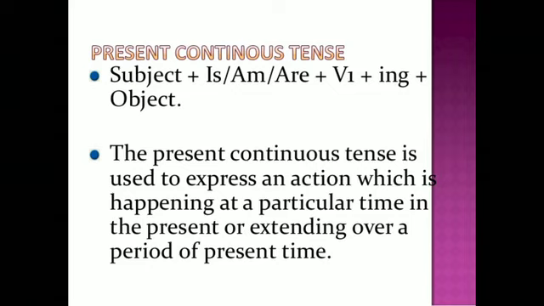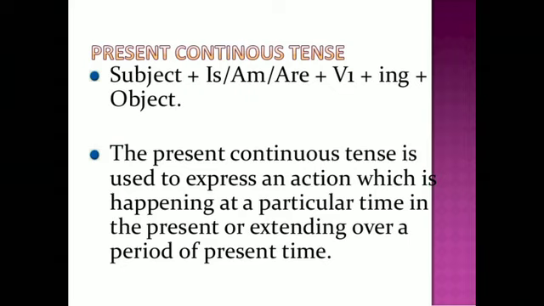As I am reading my book, I am teaching you, the girl is singing, the leaves of the tree are falling on the ground. So the present continuous tense is used to express an action which is happening at a particular time in the present or extending over a period of present time.